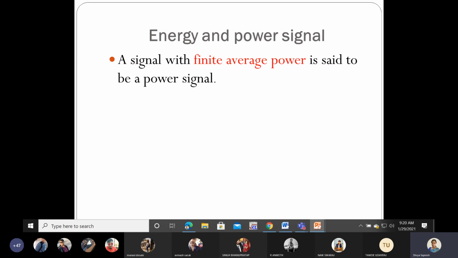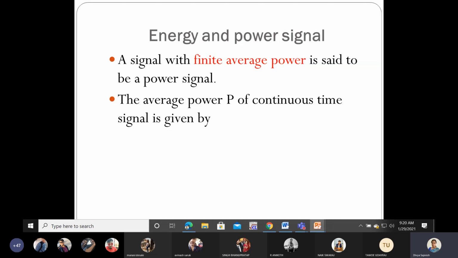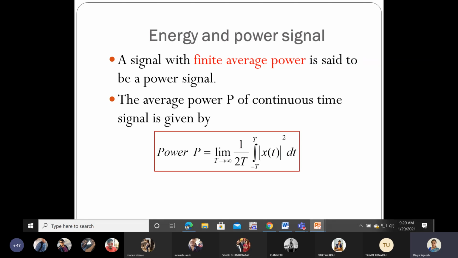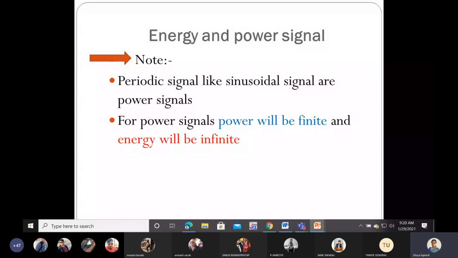Before that, let us define the power signal also. We will check both conditions for the given signal, whether it is an energy signal or a power signal. A signal with finite average power is said to be a power signal, and the power can be found using the formula P equals limit T tends to infinity, 1 upon 2T, integral from minus T to T of x(t) whole squared dt.